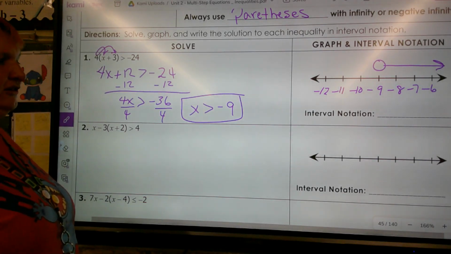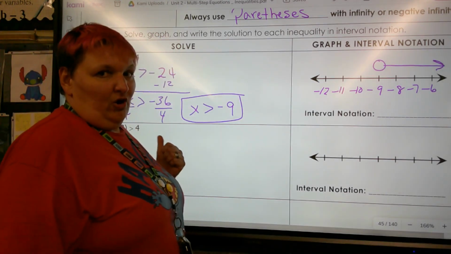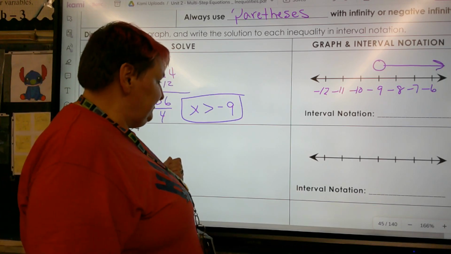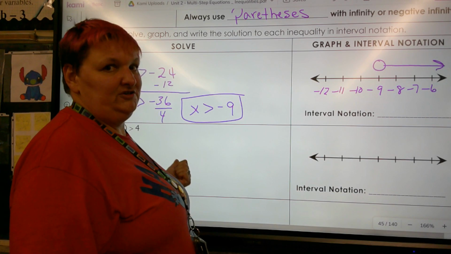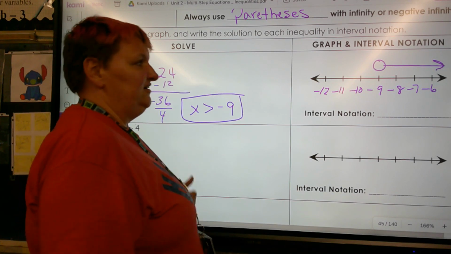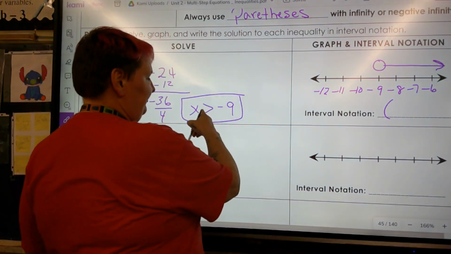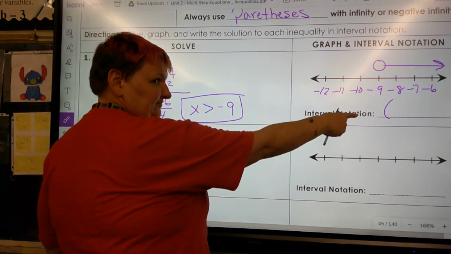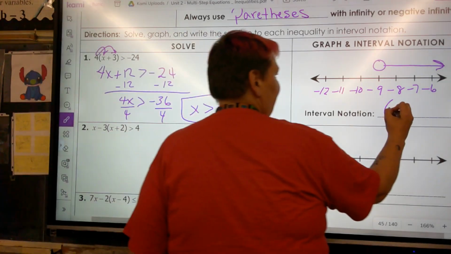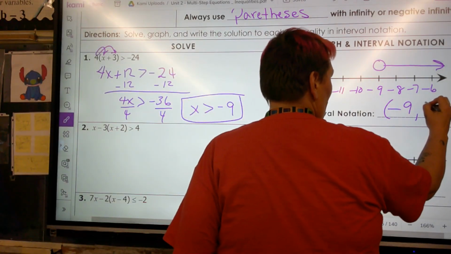Now, how would that look in interval notation? If it's an open circle, you use parentheses. And for anything with infinity or negative infinity, you use parentheses. So if x has to be greater than, so open circle, parenthesis, negative 9. It could be anything from negative 9 all the way to infinity.